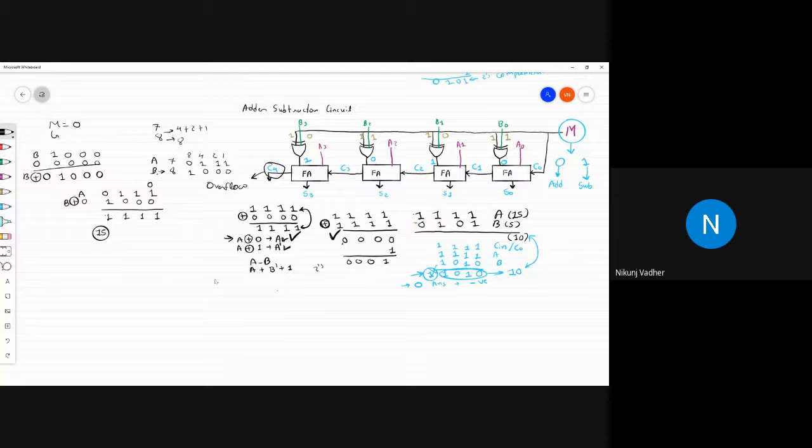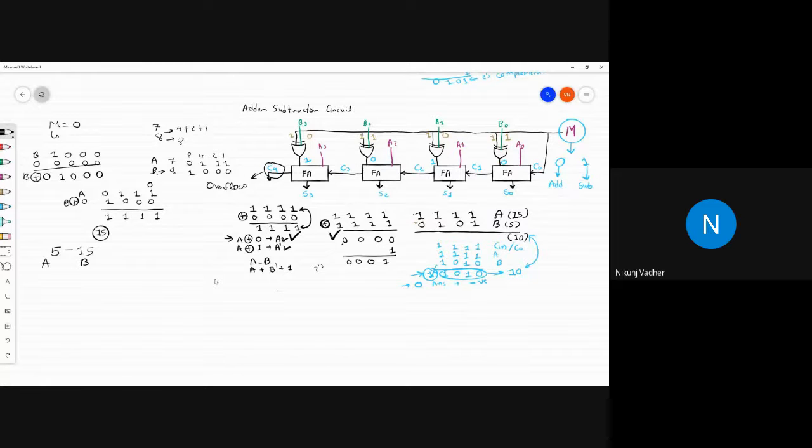Now let's have an example of subtraction. This time we will subtract 15 from 5, so 5 minus 15. Here A is 5 and B is 15.